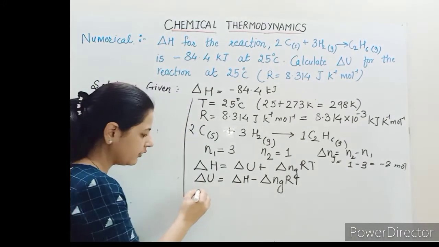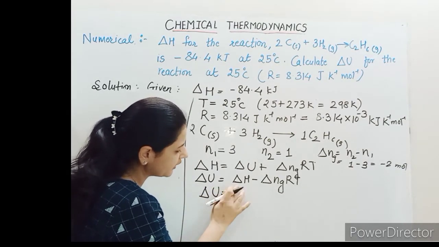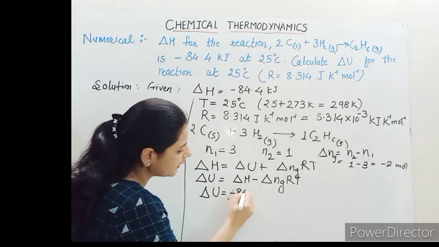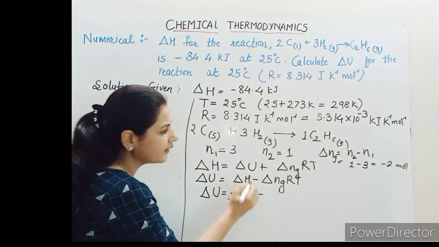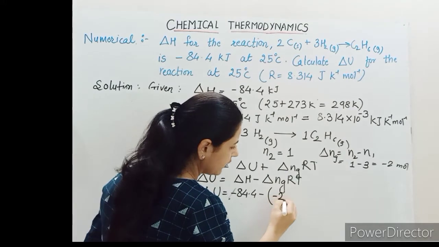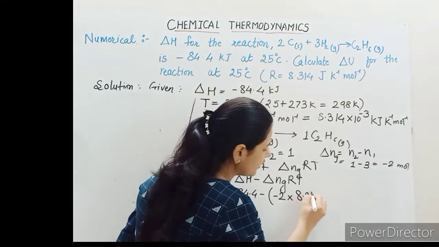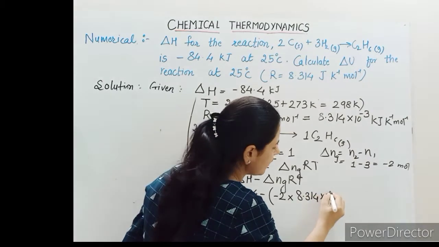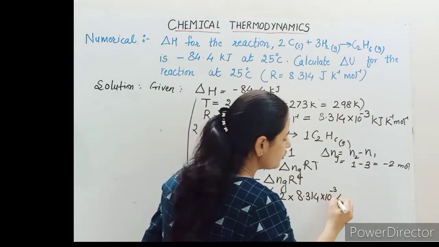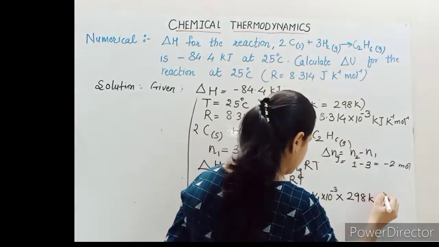So let's do that. Delta U will be equal to delta H, which is minus 84.4, minus delta Ng. Delta Ng had come out to be minus 2, into the value of R, which is 8.314 into 10 raised to the power minus 3, into T, which is 298 Kelvin.